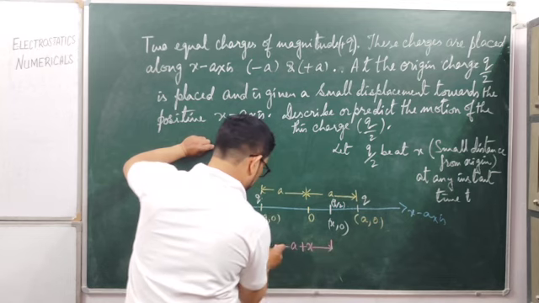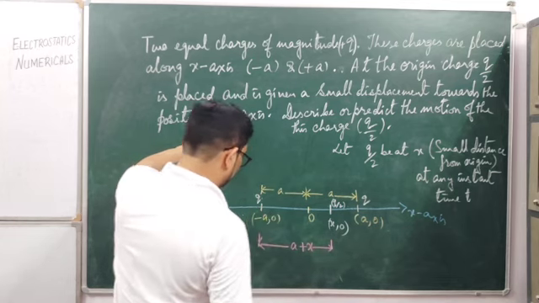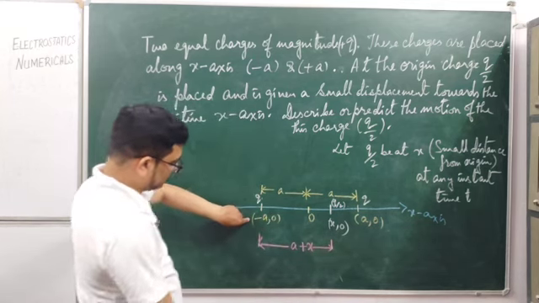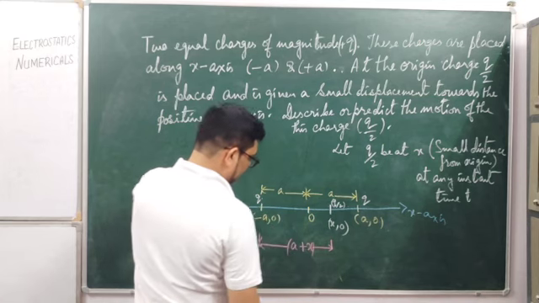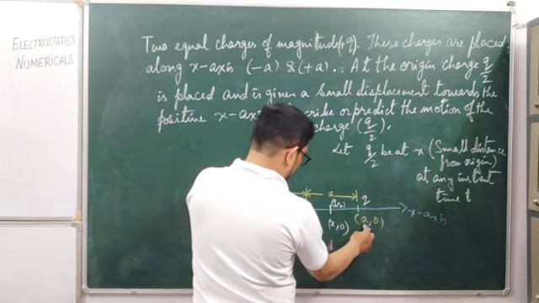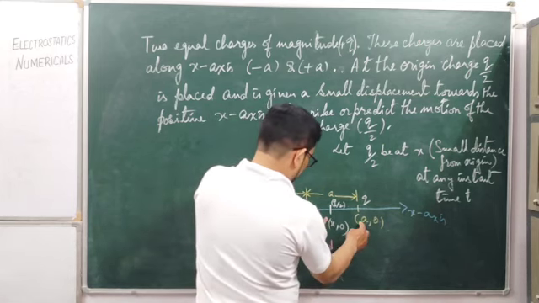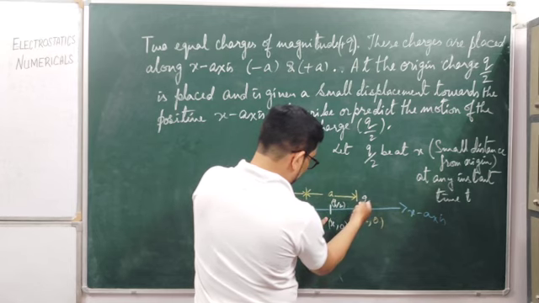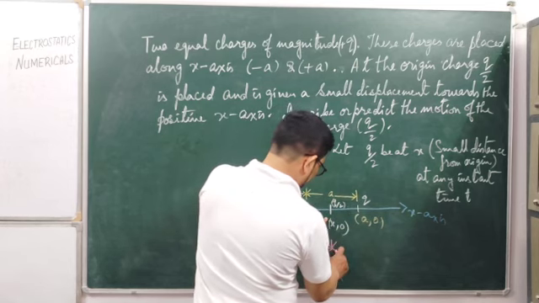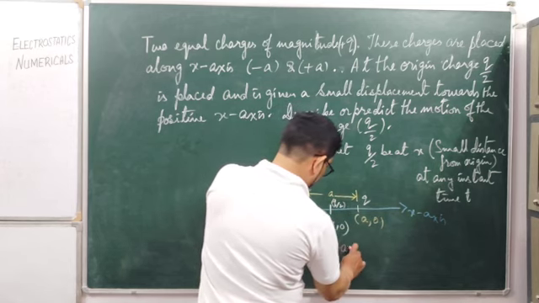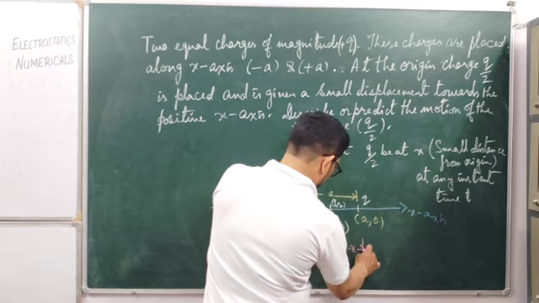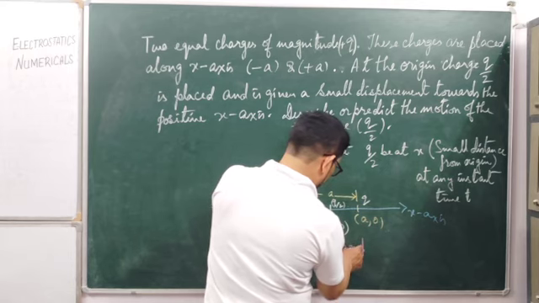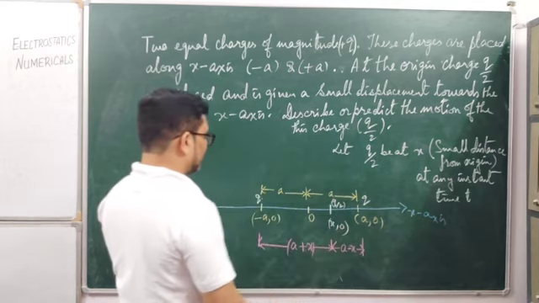The distance of Q by 2 from Q at minus a is going to be a plus x, and from here to here it is a. So this distance of Q by 2 from Q, which is placed at a, should be equal to a minus x. All right, so now these distances are important. Why? Because they appear in the equation.